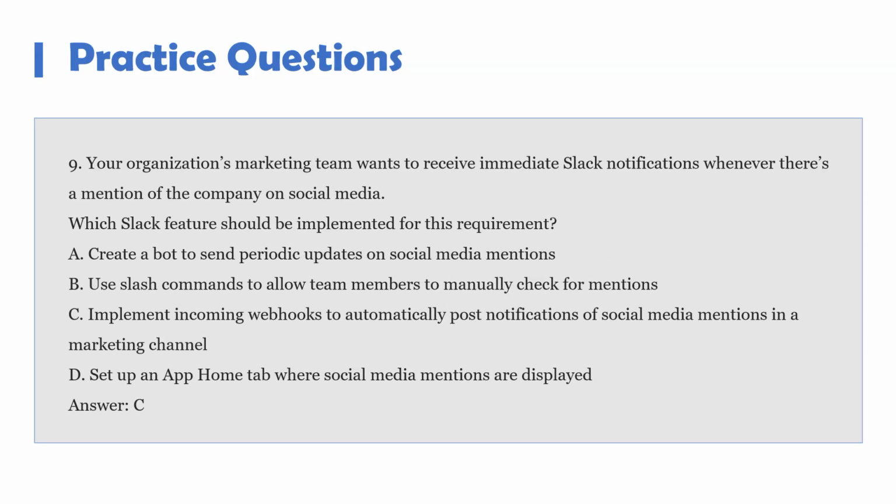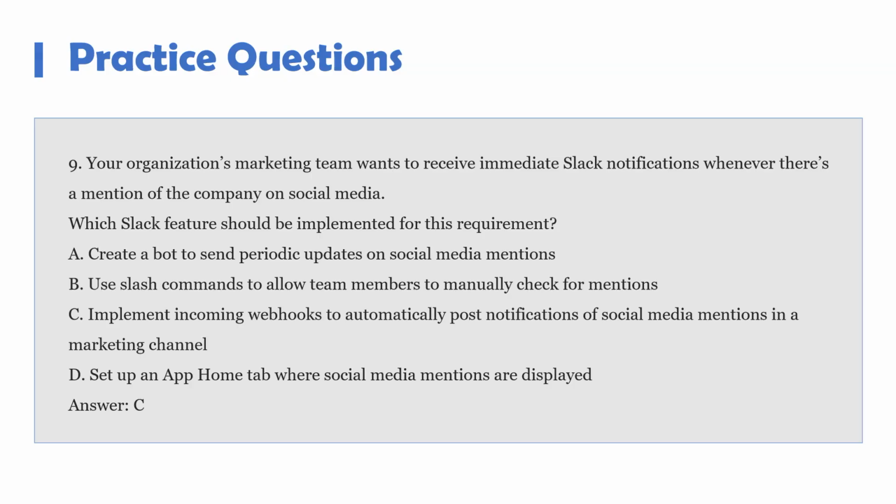9. Your organization's marketing team wants to receive immediate Slack notifications whenever there's a mention of the company on social media. Which Slack feature should be implemented for this requirement? A. Create a bot to send periodic updates on social media mentions.